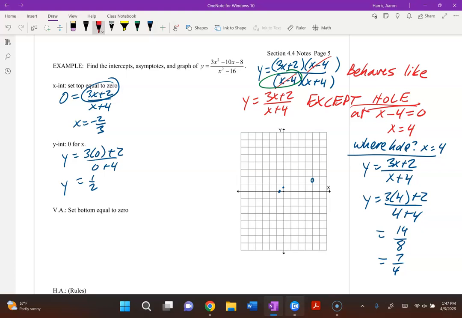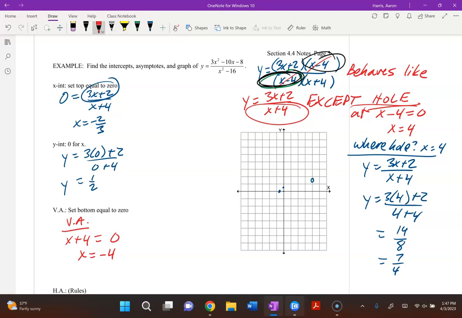Where's my vertical asymptote? I only have a vertical asymptote at the one that did not cancel, at -4. The one that canceled at 4, that's a hole, right? So if you have factors that cancel, you have a hole there. You don't have a vertical asymptote there.